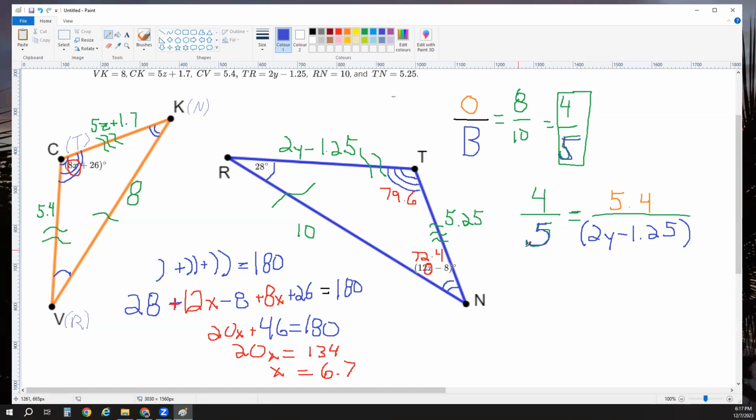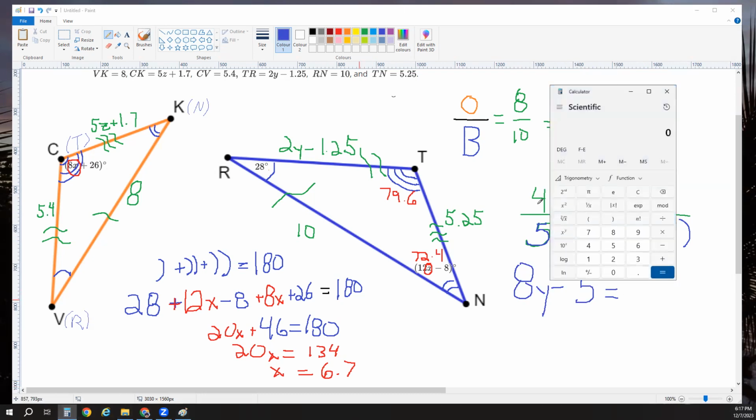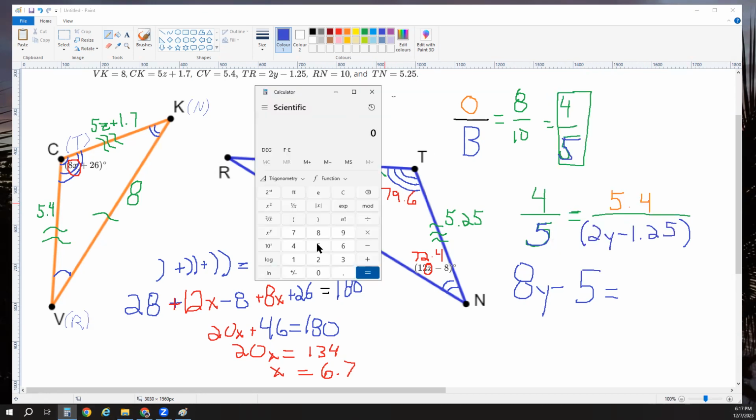right? So what's 4 times 2y? That's going to be 8y minus 4 times 1.25 is 5 equals, what's 5 times 5.4?